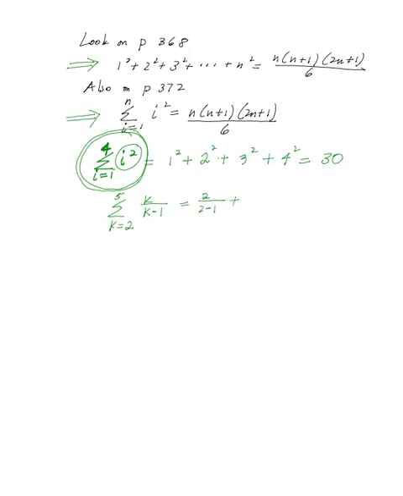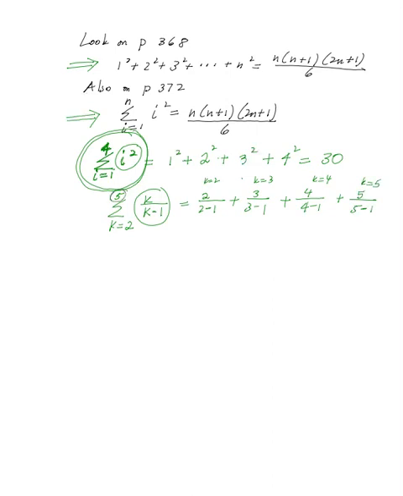Increment the k by 1, so I let k be 3. Put 3 in for k here. Let k be 4. Let k be 5. When do I stop?